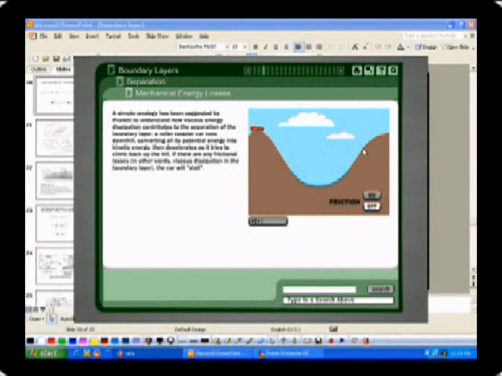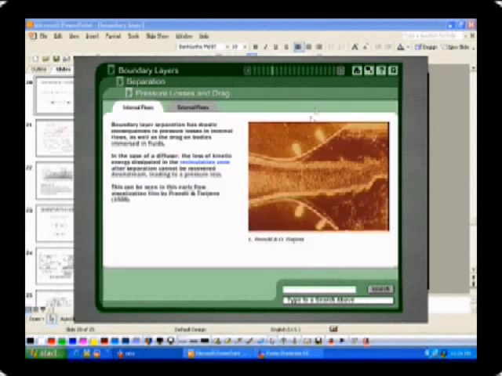So it means that because of the friction some energy is lost, which is why it will reach up to this point only. When there is no friction, it will reach up to this point, so the whole kinetic energy is converted into potential energy. But if there is friction, some energy is lost and it will not reach this point. So separation plays a very important role in both internal flows as well as external flows.